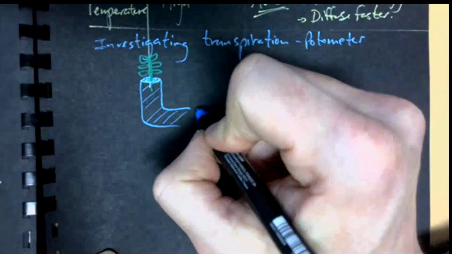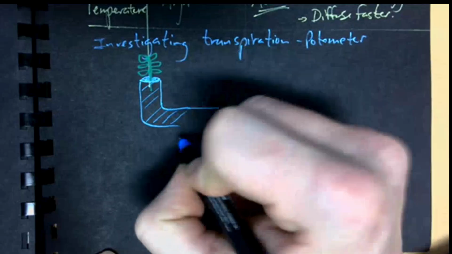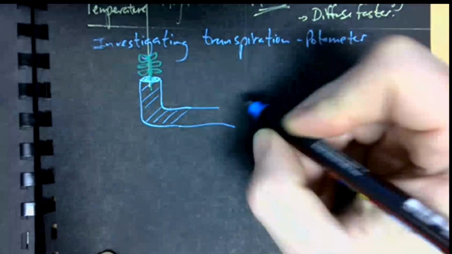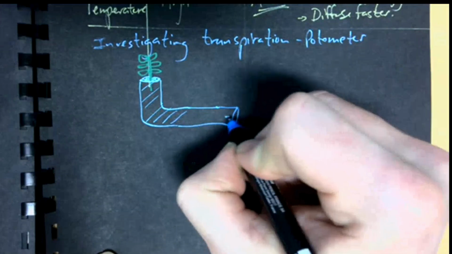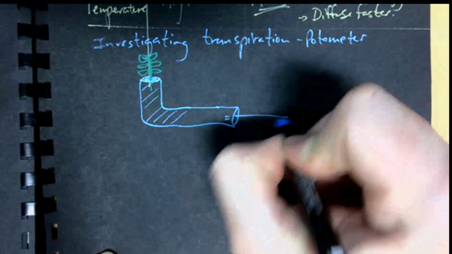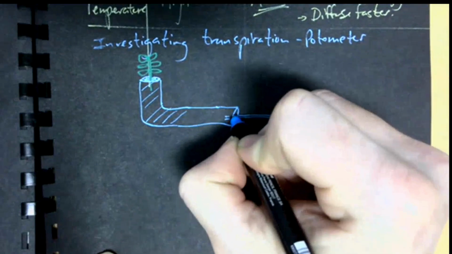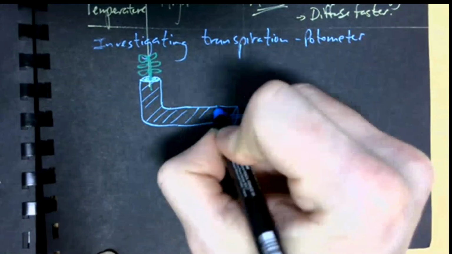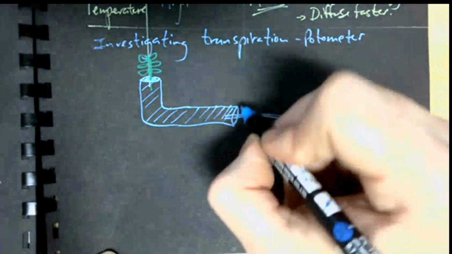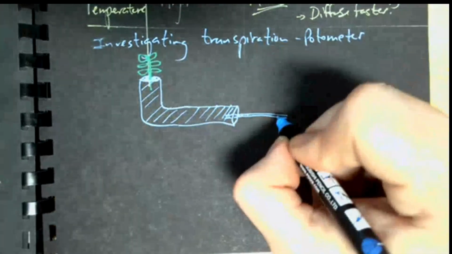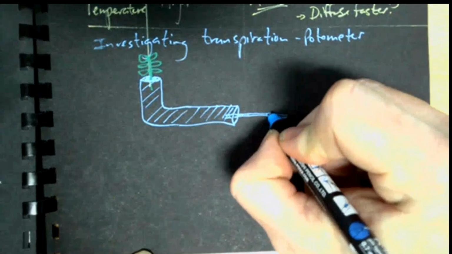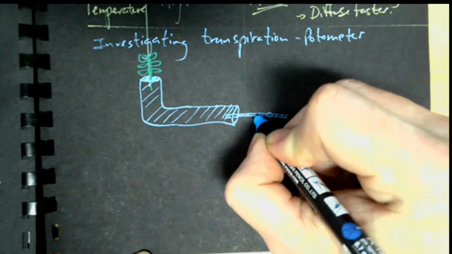And it connects to a capillary tube at the end here. And the capillary tube is filled with water. But somewhere along the capillary tube, there is a bubble. We introduce that bubble ourselves.